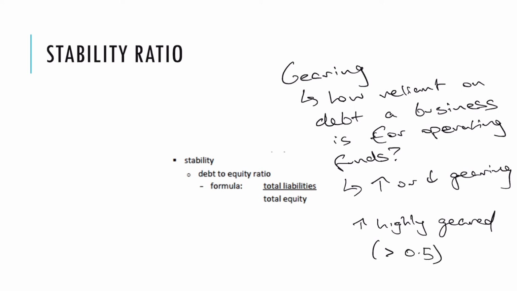This means that creditors have a greater share in the business than the owners. So if liabilities are too high a proportion of total equity, then creditors actually own a greater percentage of the business. High debt is really risky because debt repayments can be high when considering interest rates.